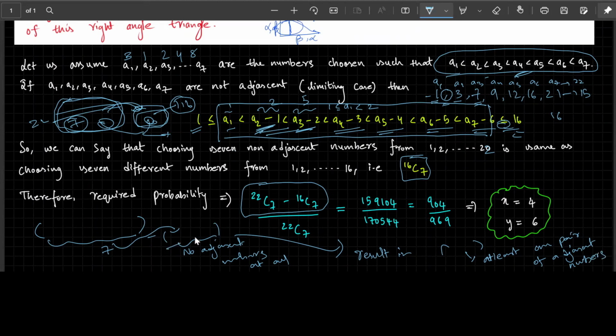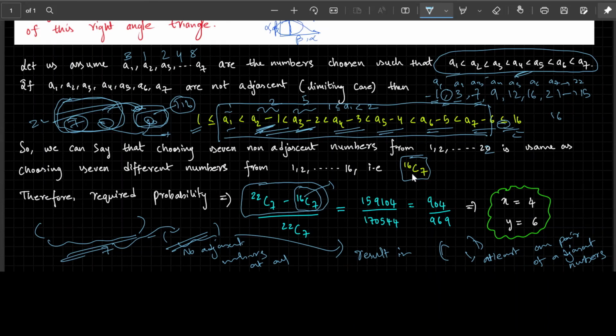So if I subtract this pile from this whole big pile, it will result in the pile in which we can get at least one pair of adjacent numbers, at least one pair. So these are all the conditions. This is a condition in which you will find no adjacent numbers, and this is the reason we have kept 16C7 as the answer for no adjacent numbers at all, because this is equal to choosing 7 non-adjacent numbers from 1, 2, and so on till 22.